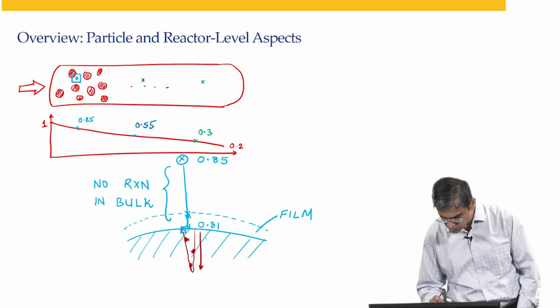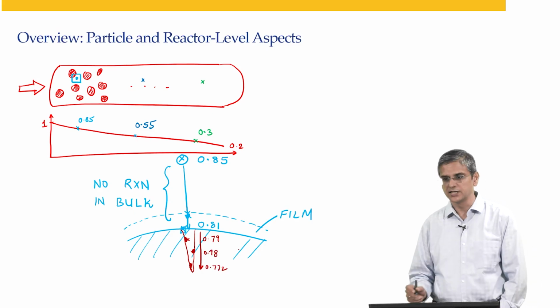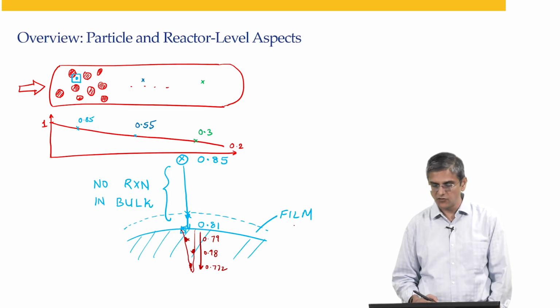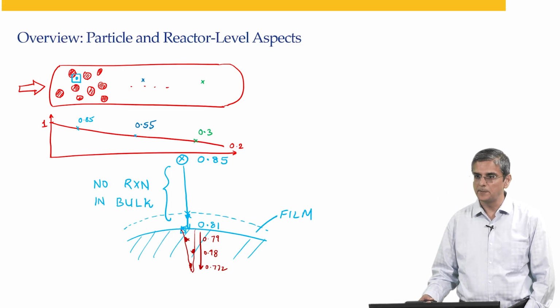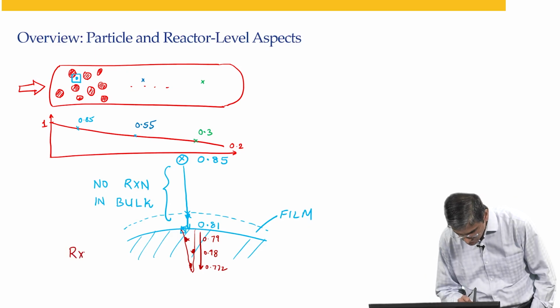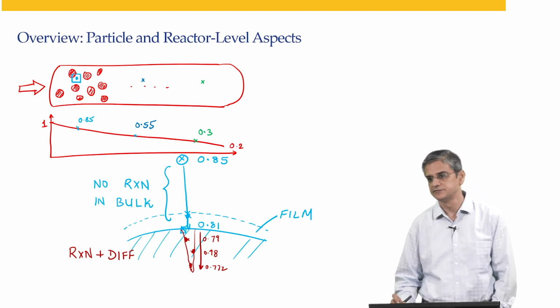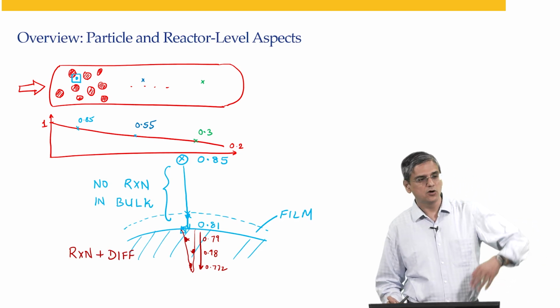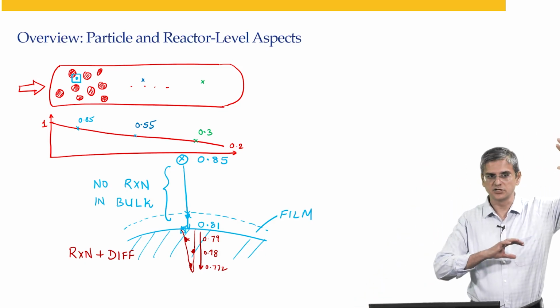So the concentration might change 0.80, 0.79, 0.78, 0.772, something like that. So the concentration is falling as you go inside the catalyst pellet. Within the pellet, you have reaction plus diffusion taking place. So now there are two differences between external diffusion and internal diffusion.